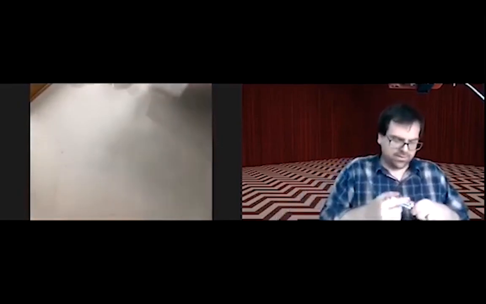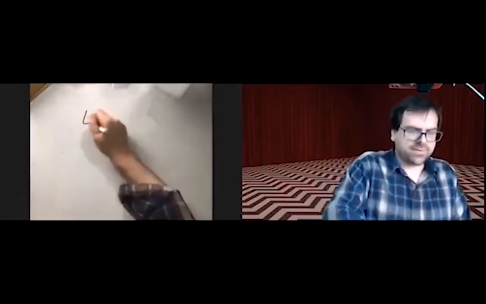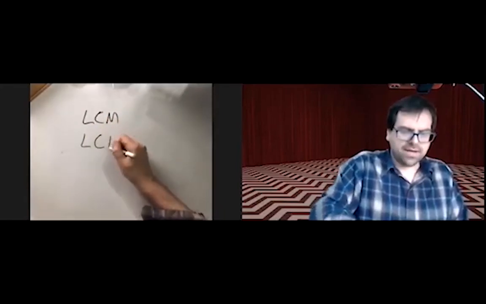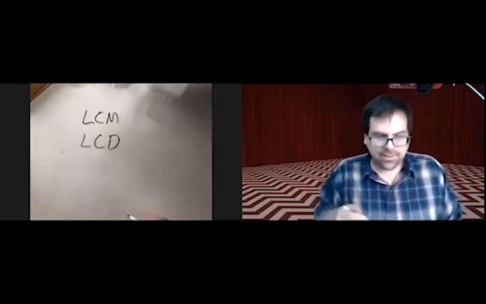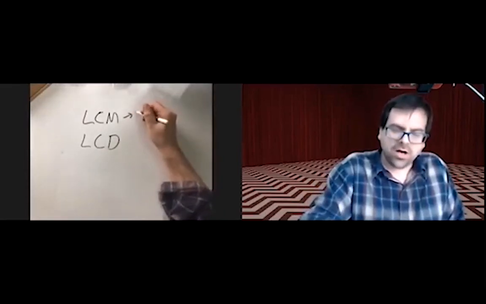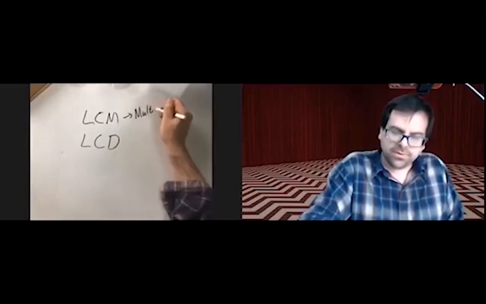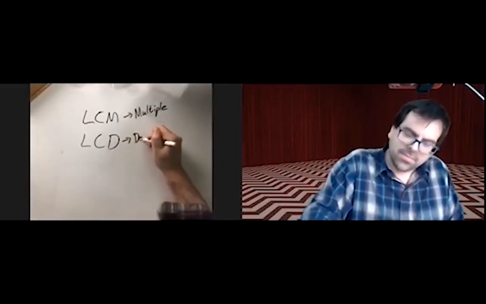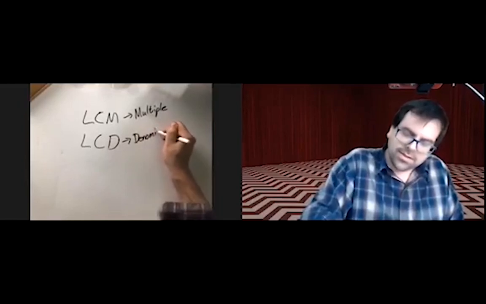By the way, if you've noticed that I'm switching back and forth between LCM and LCD, LCM is least common multiple. LCD is least common denominator.